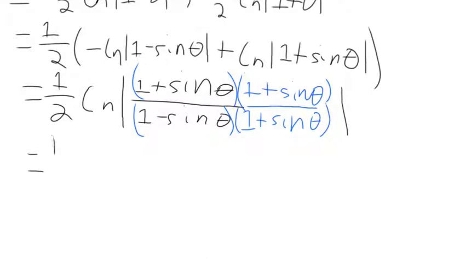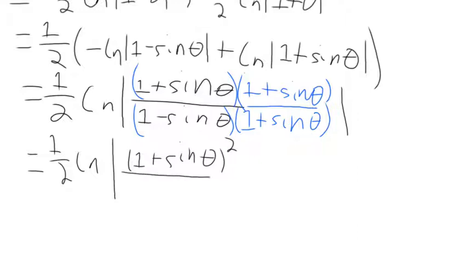So this is going to give me 1/2 natural log absolute value. On the top, I'm just going to write this down as 1 plus sine theta squared. I'm not going to expand the binomial. On the bottom, I have factorization of a difference of two squares, so it's going to give me 1 squared minus sine theta squared.